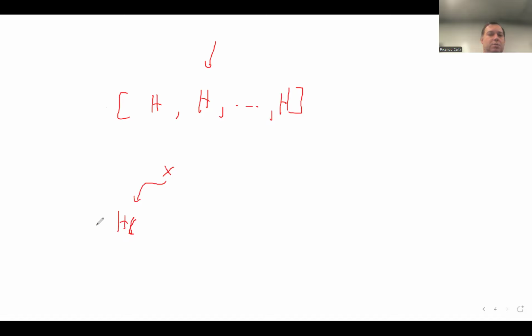So you have H, H, dot, dot, dot, H. So essentially in the neural network, X comes in and it goes into every single one. H, H, X. So essentially, you just shoot the X into this.